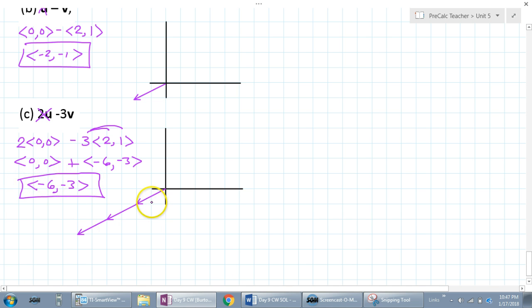And so let's compare that to what we got graphically. In fact, this resultant vector does go 6 to the left and 3 down, so it matches.